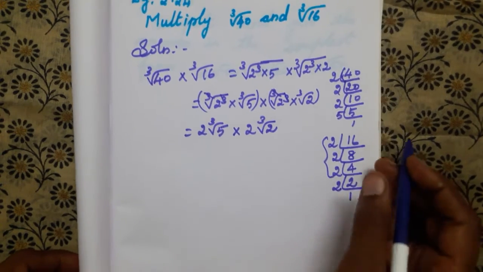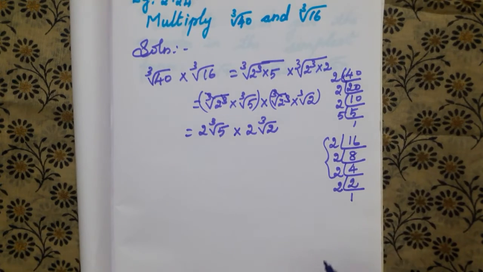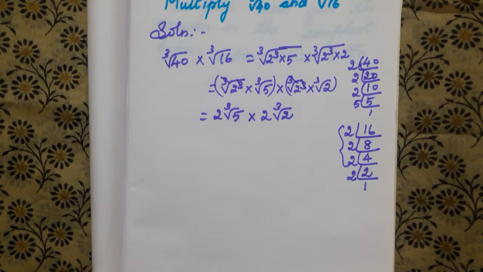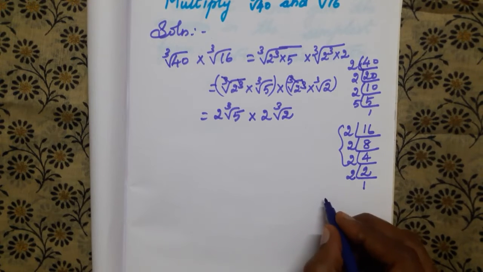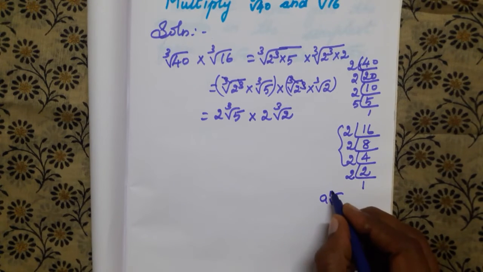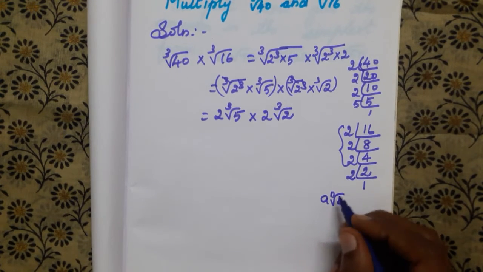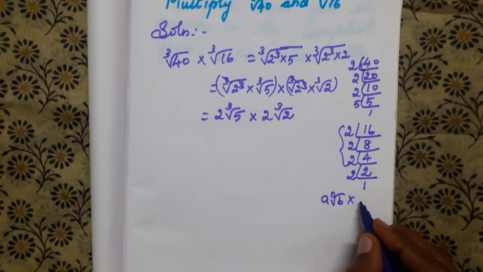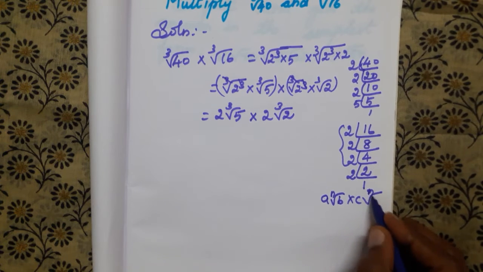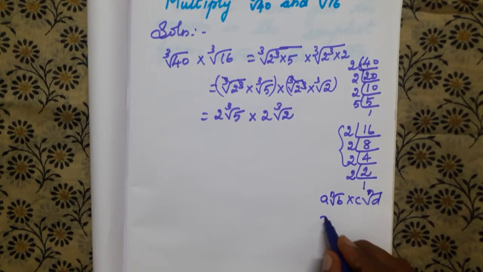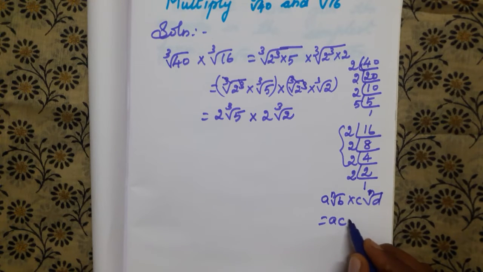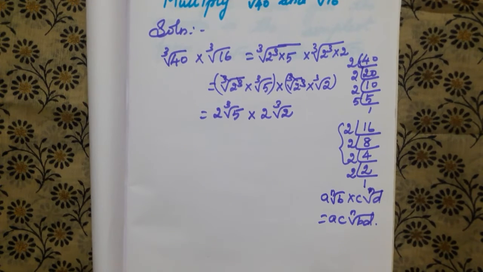How do we have to multiply? A into nth root of B, into C into nth root of D, is equal to AC into nth root of BD. It is the multiplication property.